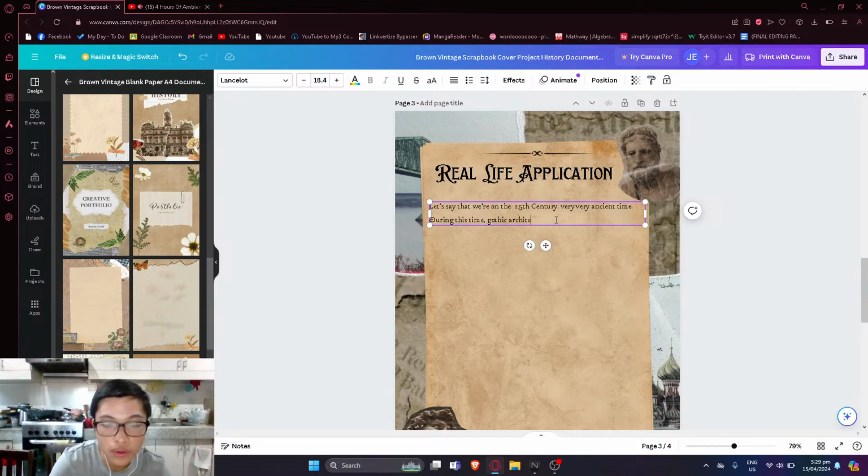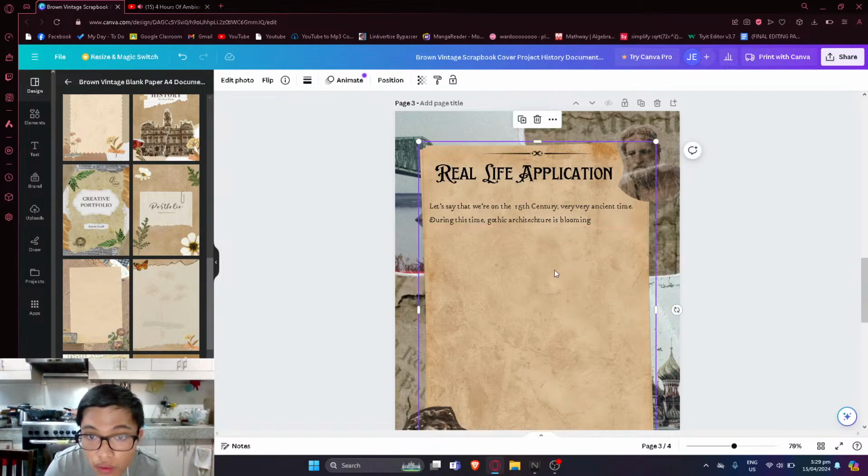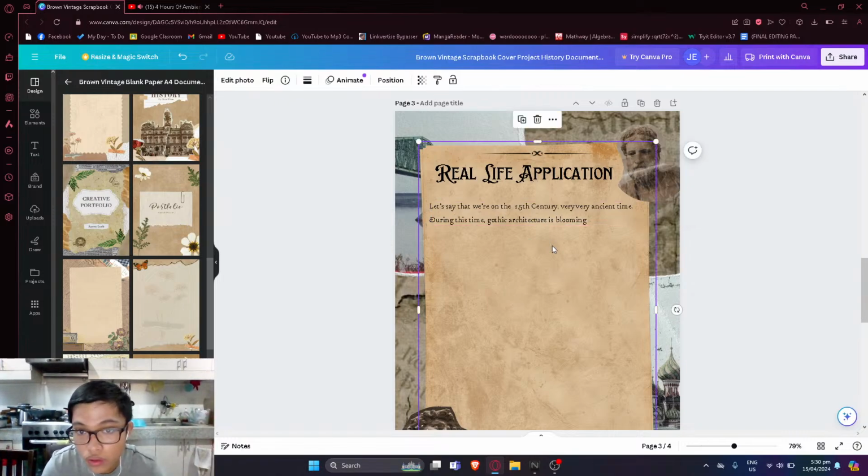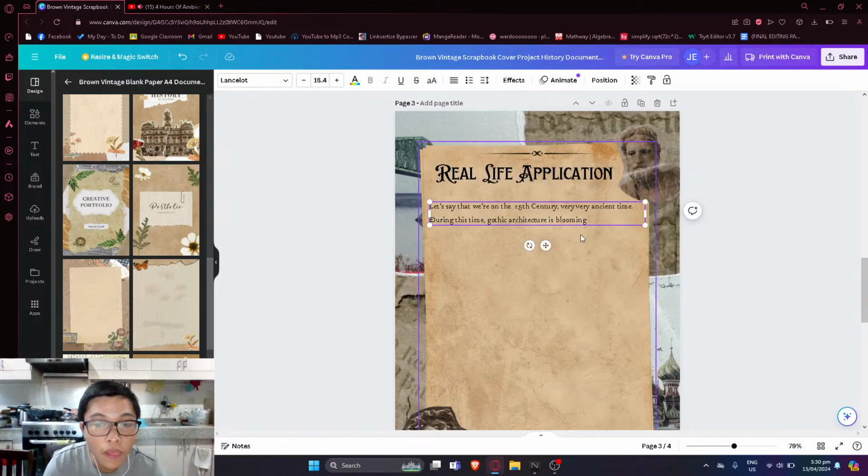During this time, architecture is blooming. Gothic architecture is blooming.